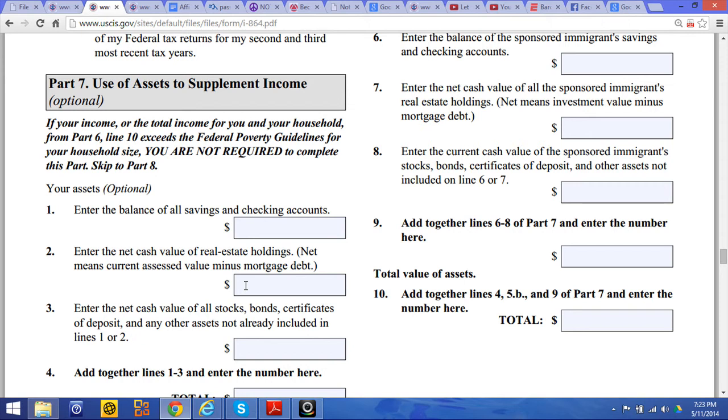The sponsor, you can use your asset. You can also use the asset of any member of your household size.